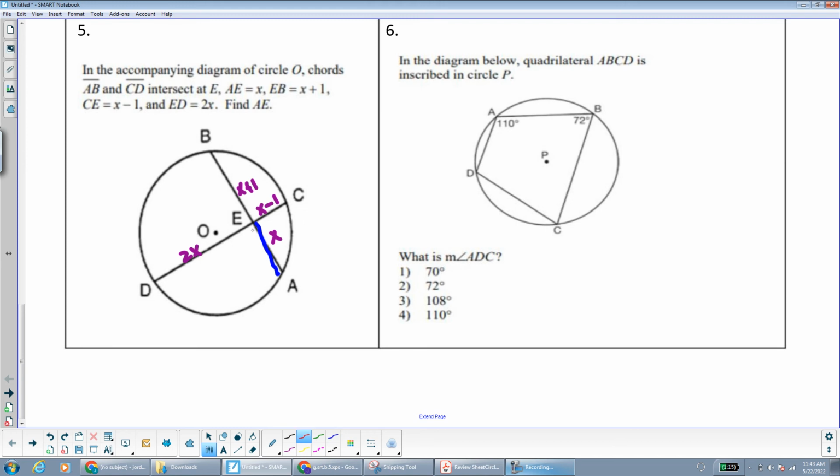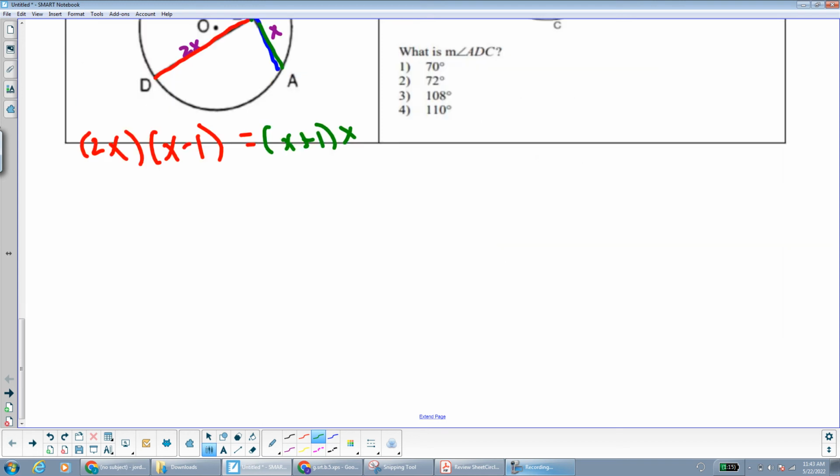So on this chord, on chord DC, we have one part here and the second part here. The first part is 2x. Second part is x minus 1. So that product should be equal to the two parts of the other chord AB. So that's x plus 1 and x. So let's solve our equation. Let me get a little bit more space here.